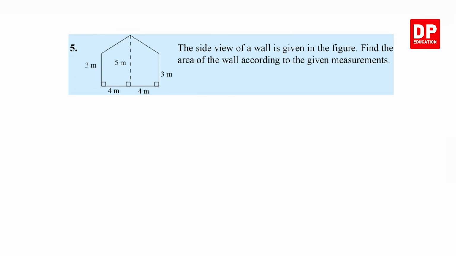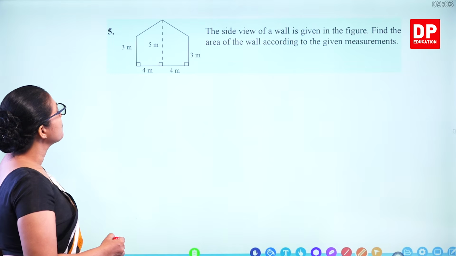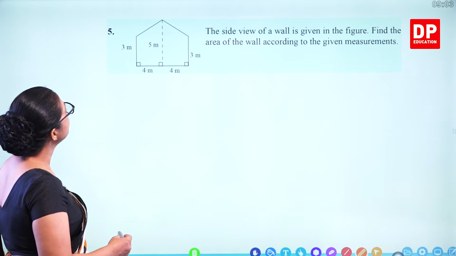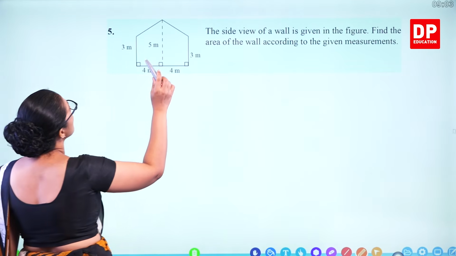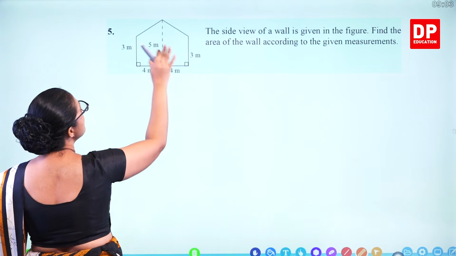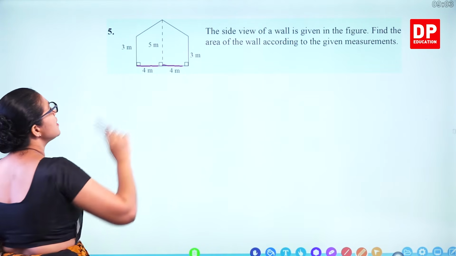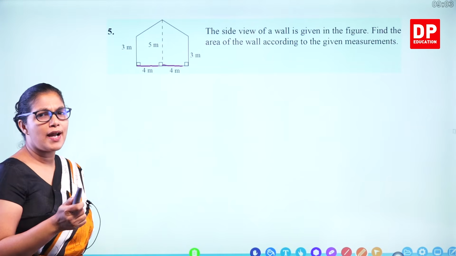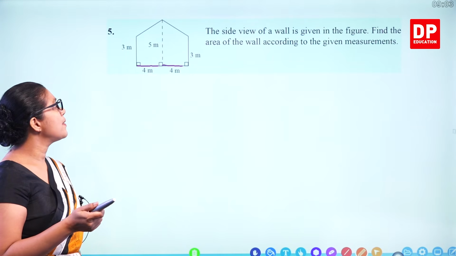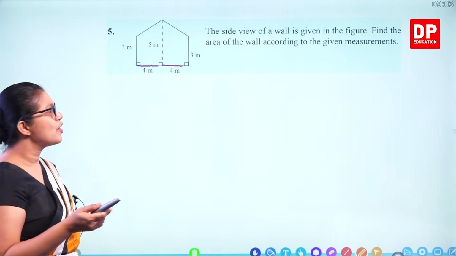Question number 5. The side view of a wall is given in the figure. Find the area of the wall according to the given measurements. You get the same trapezium here. See, this is 4, this is 4. So we'll find out the area of one trapezium and multiply by 2.